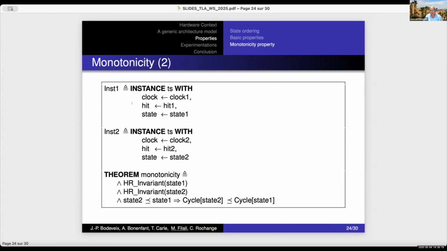We have two instances of the transition system that we have seen previously, in order to have two distinct traces, and here the monotonicity is stated as follows: if we have the invariant on state 1 and on state 2, in order to consider only valid traces, if state 2 is less than state 1 according to the global order we have defined on states, then the cycle, what we have called the intuition and the avoiding anomaly, must not break this fact, that is, pipeline 2 is less advanced than pipeline 1, and this order remains after the execution of a cycle.